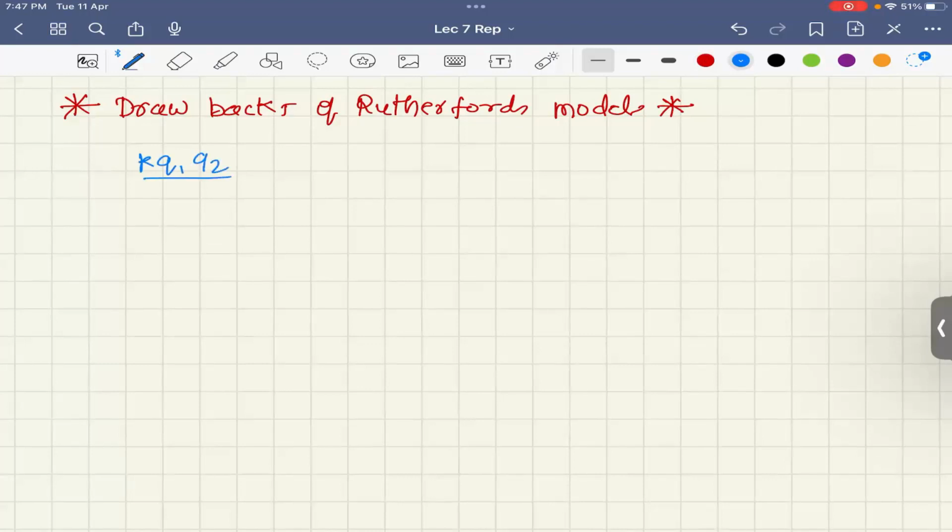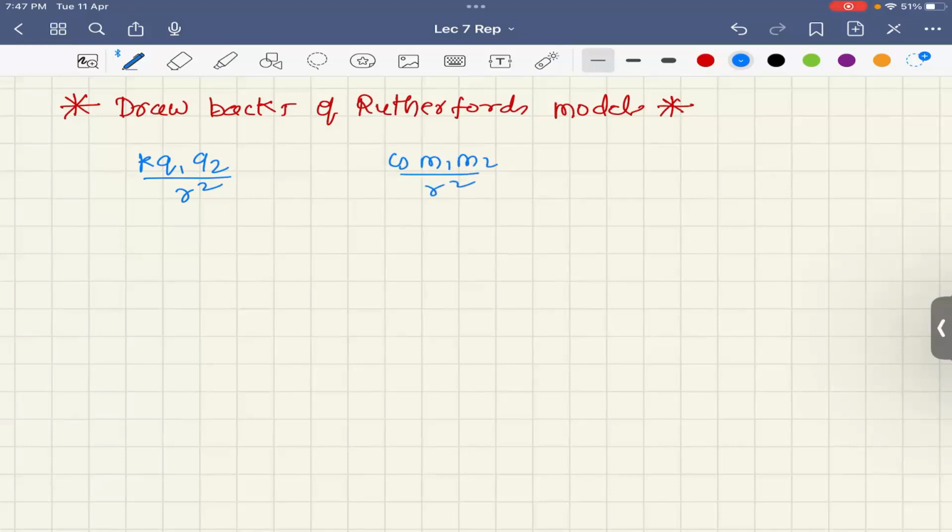Q1 Q2 by R square, where Q1 and Q2 are the charges and R is the distance of separation between the nucleus and the electrons, and K is the proportionality constant, right? And this is similar to the gravitational force between two masses m1 and m2, and the force would be in that case G m1 m2 by r square, right?